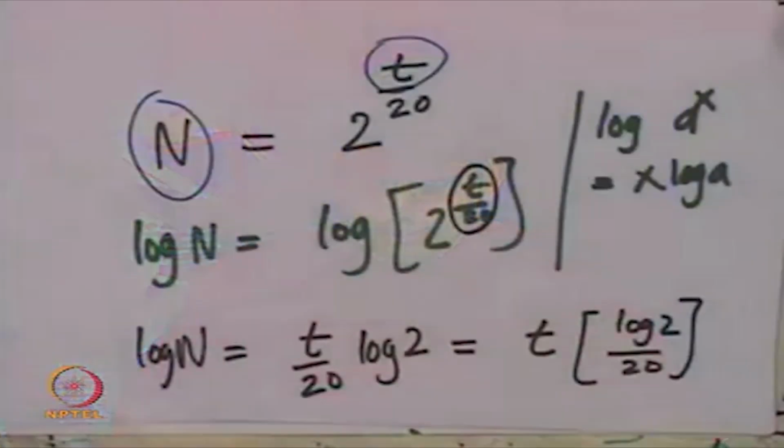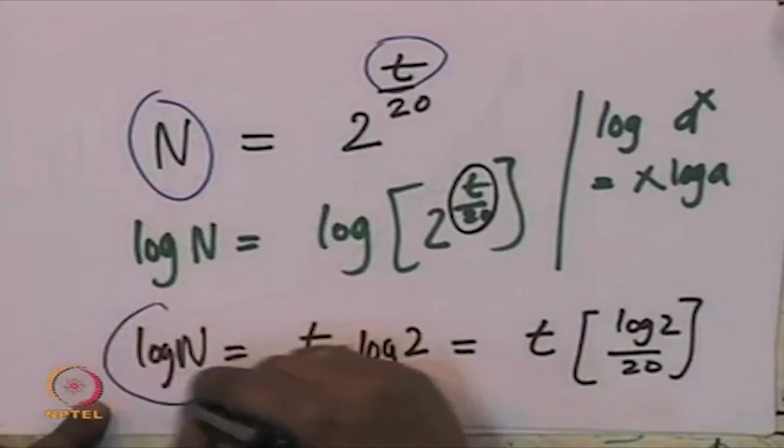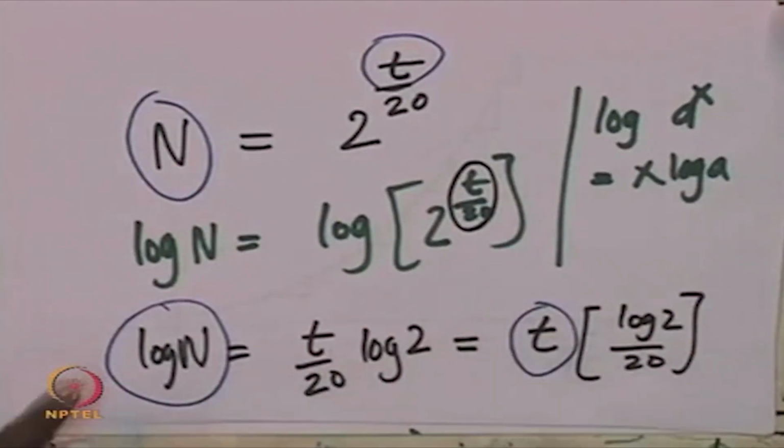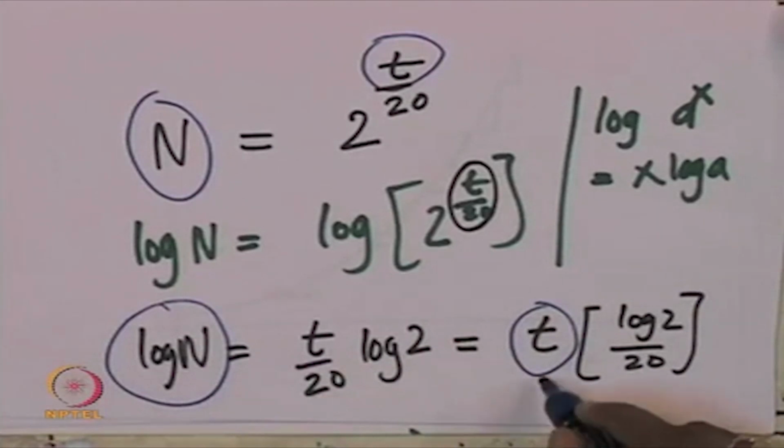On the other hand, let us plot log n versus t. So, let us plot log n in the y axis and t in the x axis.